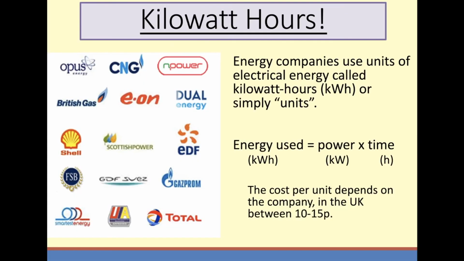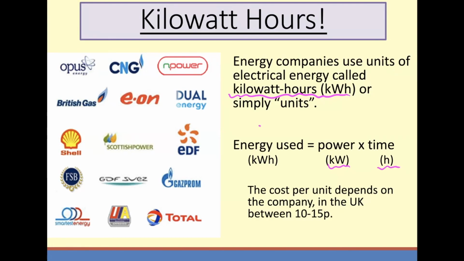So with the homework, we're looking at how we can actually calculate how much the energy that we're using is costing us. So here you'll notice we're using a different unit. So instead of watts, we're looking at kilowatt hours for our energy used and kilowatts for our power, and our time being measured in hours.